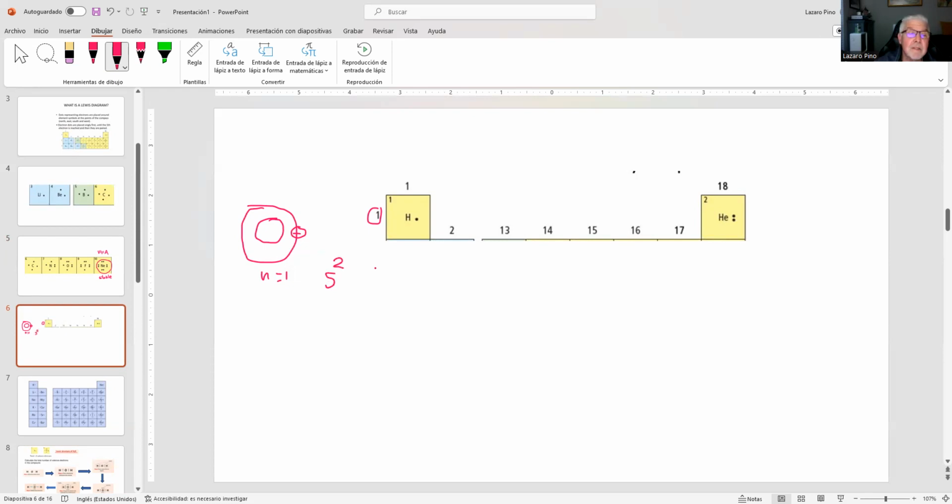So helium has two electrons and is in group 8A. So it's also a noble gas or has a stable configuration because helium has the maximum number of electrons in the outermost shell.